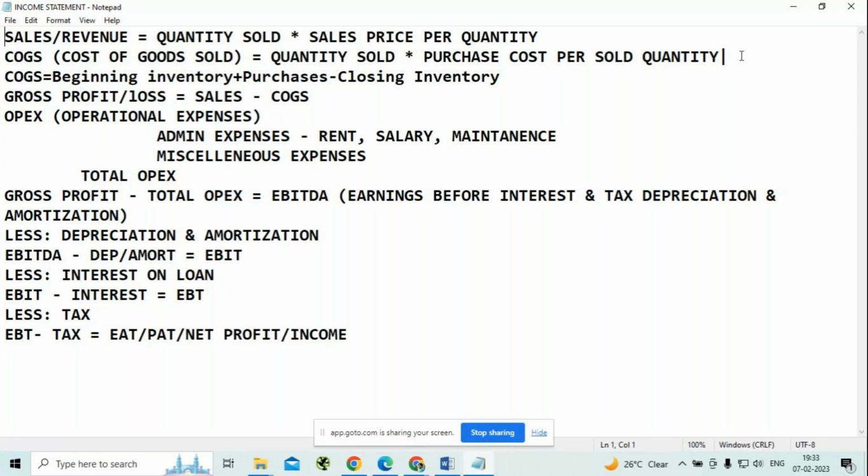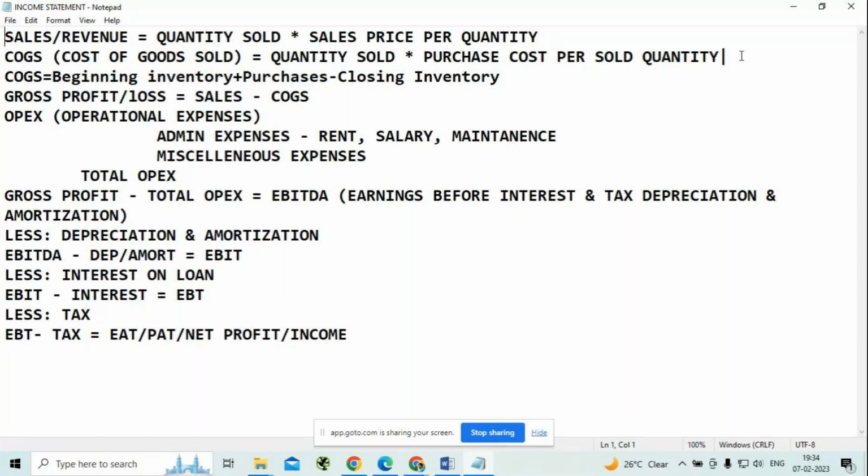The cost at the time of purchase for each quantity was 20 rupees. So will I sell it at 20 rupees only, or lesser than 20, or more than 20? More than 20, right?